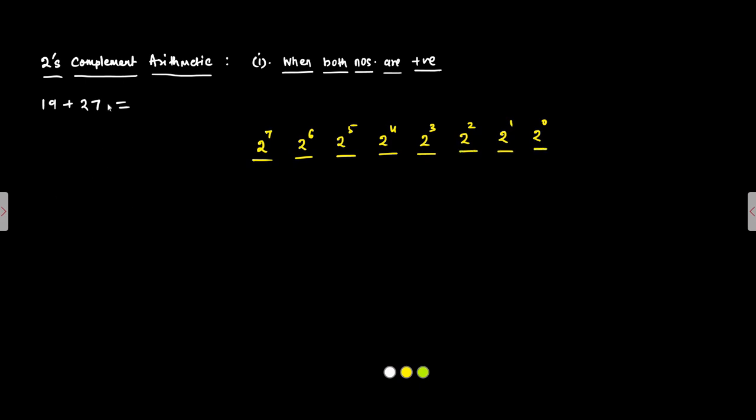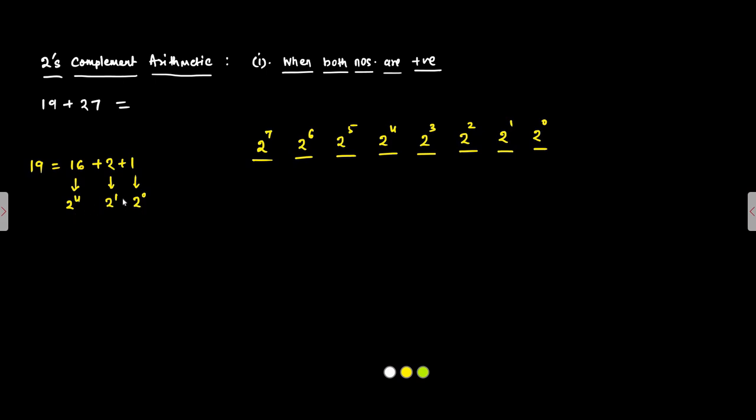Now we have to split these individual numbers with respect to powers of 2 into the individual components. For example, we can split 19 as 16 plus 2 plus 1. So this is 2 to the power 4, this is 2 to the power 1, and this is 2 to the power 0.